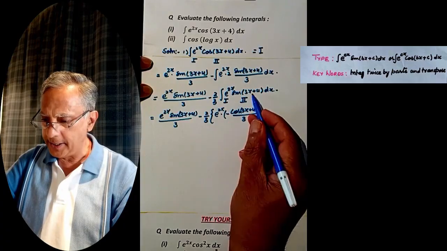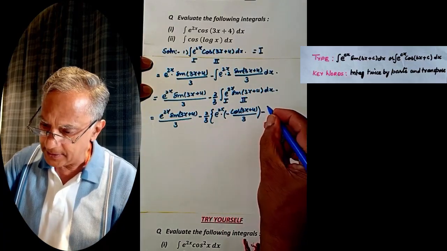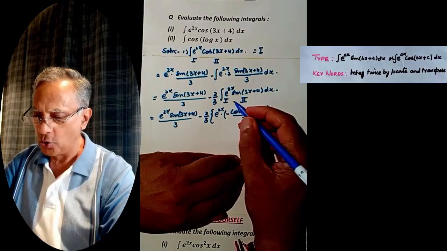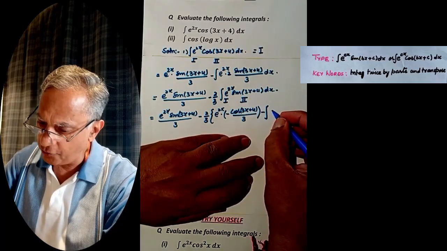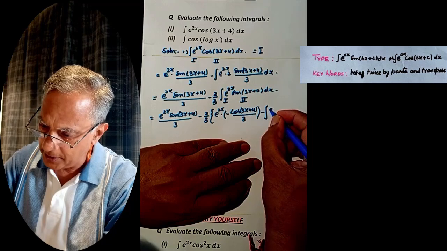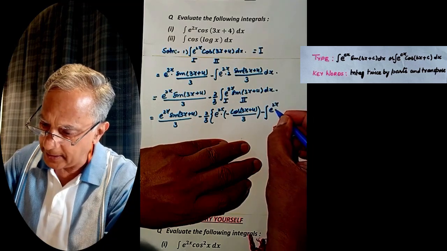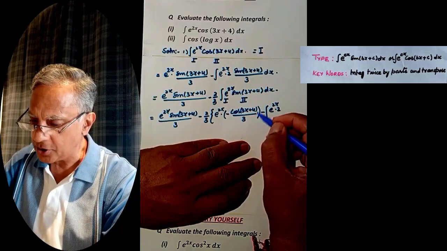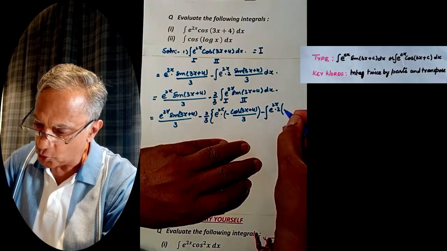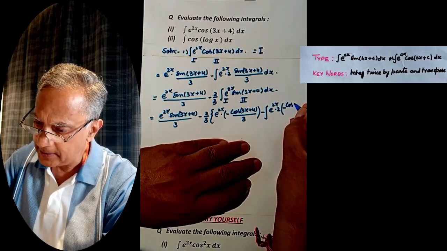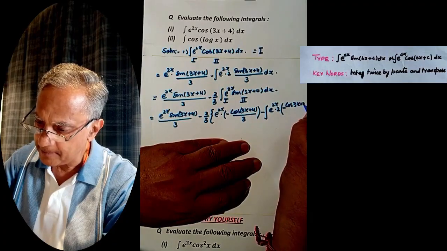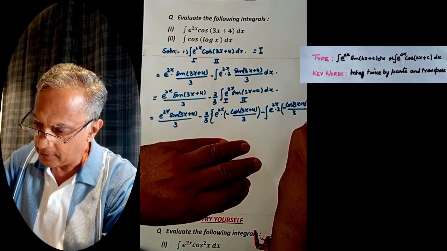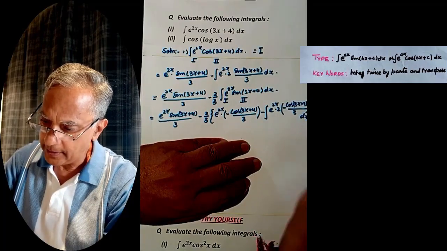First function into the integral of second, minus the integral of the differentiation of first. The differentiation of e to the power of 2x is e to the power of 2x into 2, into the integral of second. The integration of second is minus cos(3x + 4) by 3, into dx.